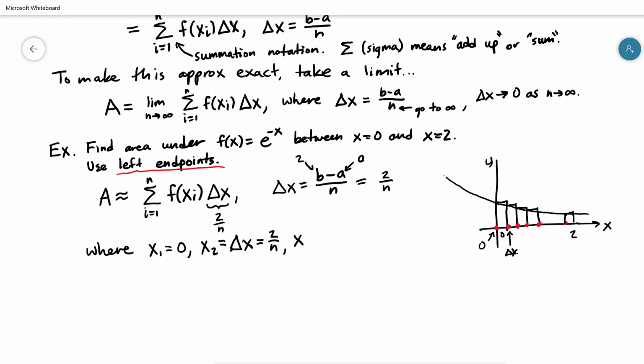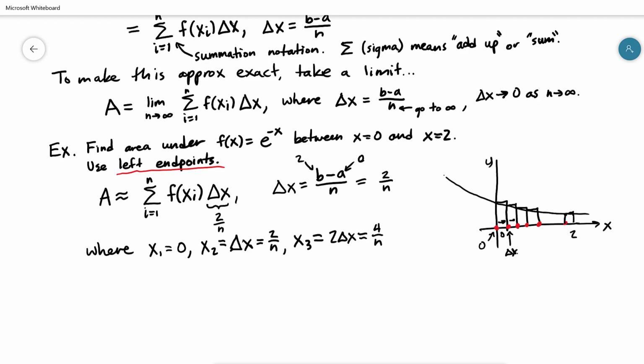By the time we get to the third point, x sub 3, well, now I have to go 2 widths over, so 2 delta x's. I'm going to be at 2 delta x's to get to that point, which is going to be 2 times my 2 over n, which is 4 over n, and so on and so forth.